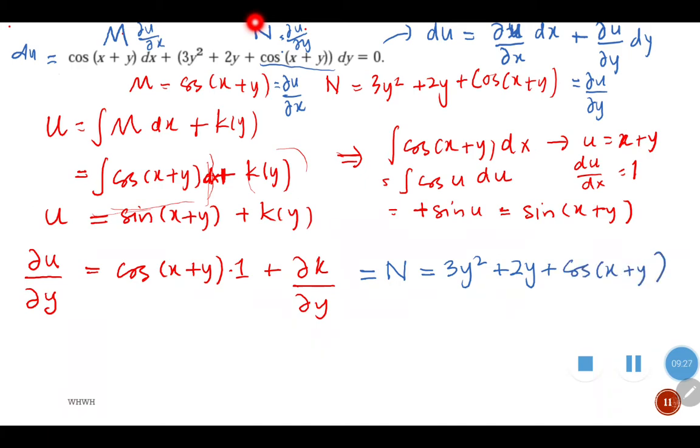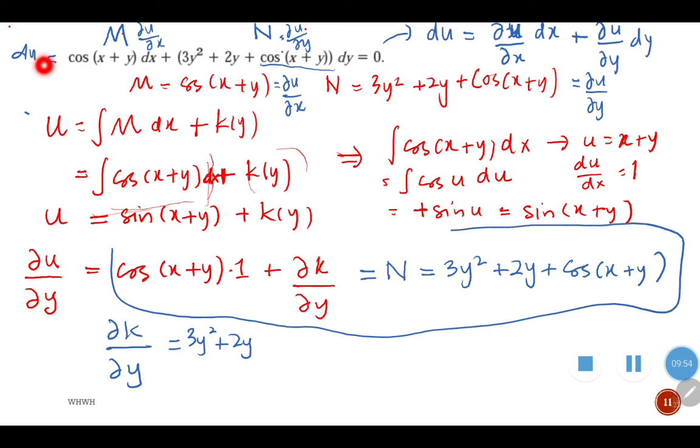So from here, by having this equation, you are now able to define what is your del k del y. Your del k del y now is equal to 3y square plus 2y. See? This is our equation. Equals to this.